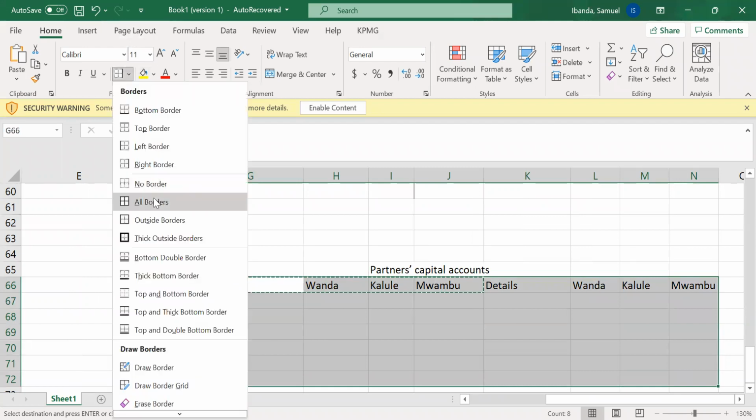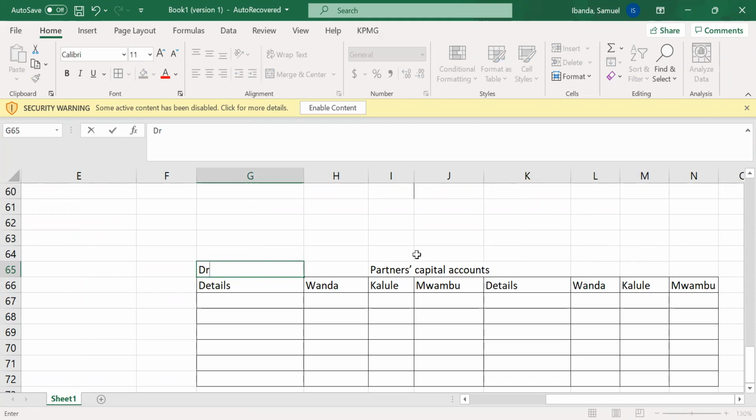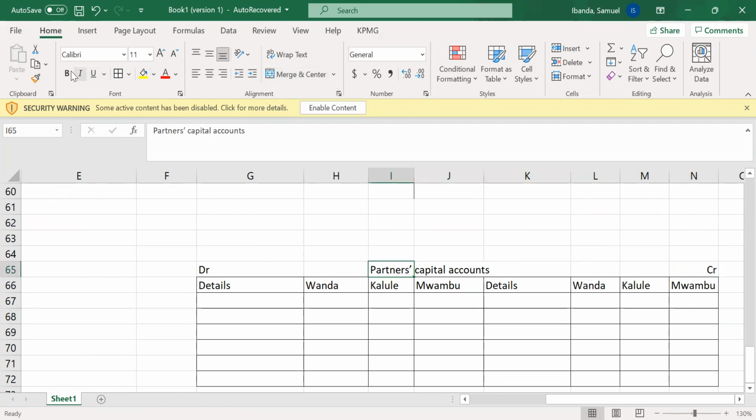I'm trying to make it like this so that you can see what I'm going to do. So this will be my debit and this will be my credit. My partner's capital account.